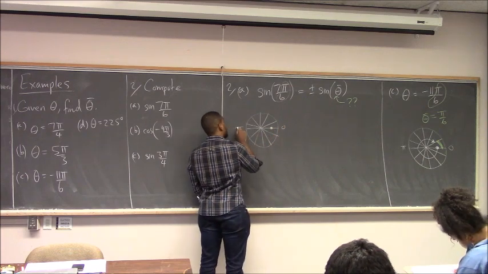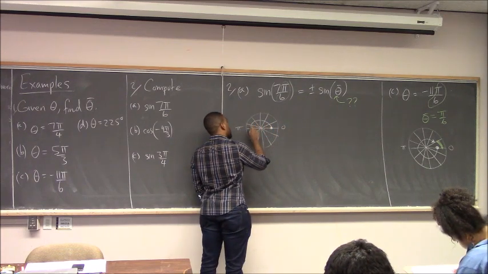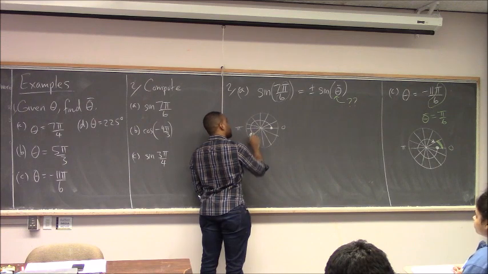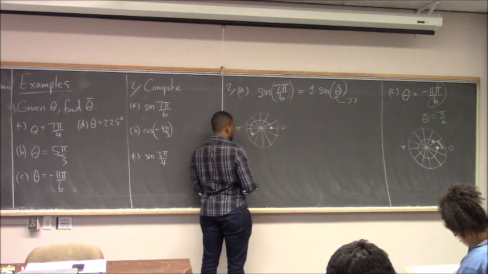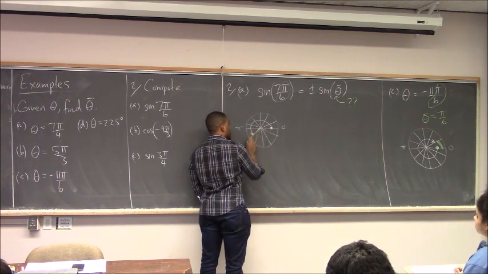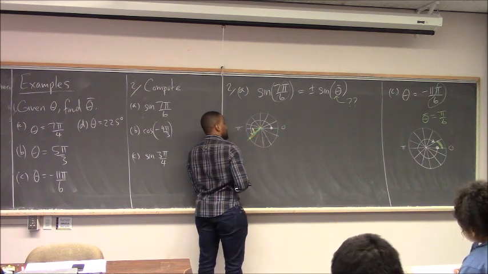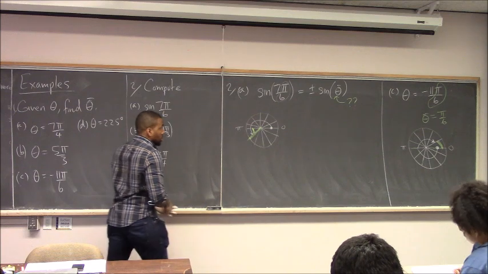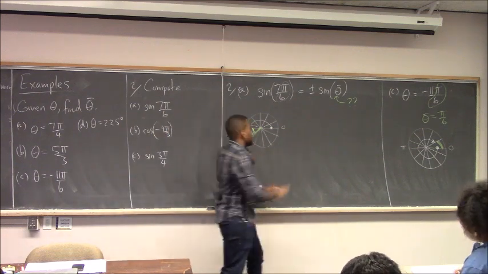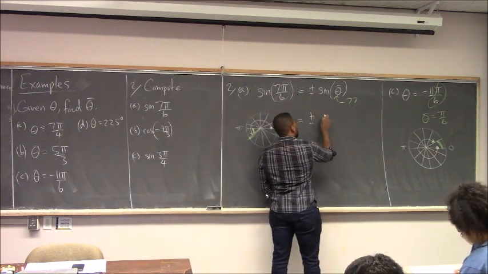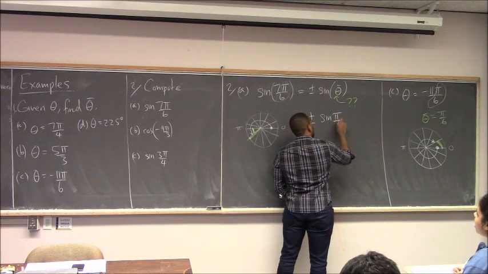Right? So this is 0, this is pi, so this is 1, 2, 3, 4, 5, 6, 7. So my 7 pi over 6 is this angle here. And the reference angle to that is pi over 6. So it turns out that this guy is going to be plus or minus the sine of pi over 6.